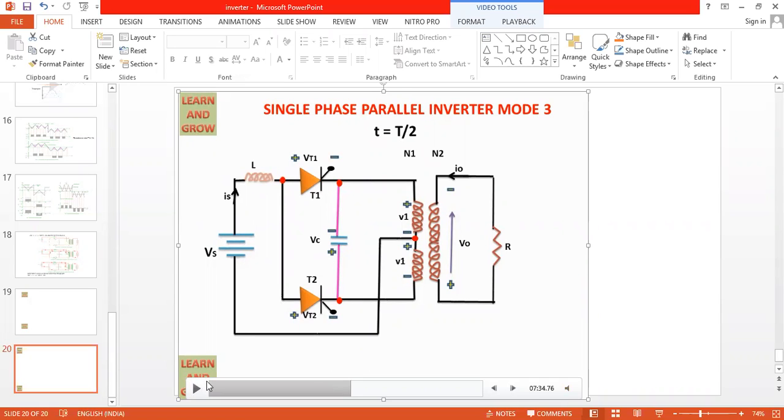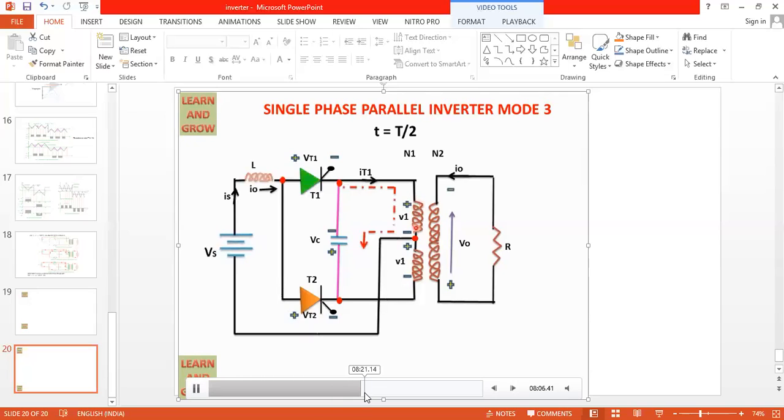So what is the direction of the current? Direction of the current starts from Vs plus inductor. Once again T1 will be on and current flows through the upper winding, from upper winding to the common point, center tap point, and from center tap point to the Vs minus. You can see in the animation.